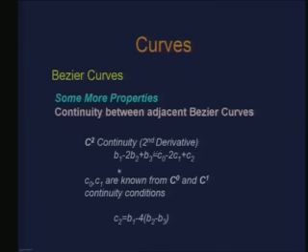So, again if I do the evaluation of the second derivative for the two curves, at the last point of the first curve and the first point of the second curve, I would basically get a relationship of the relevant control points on the two sides, right.